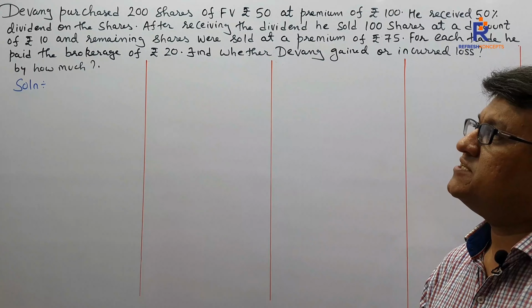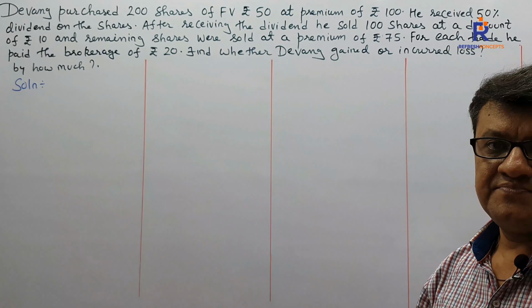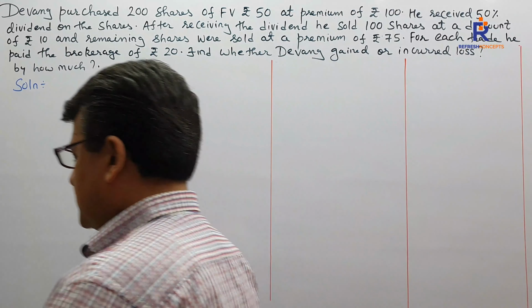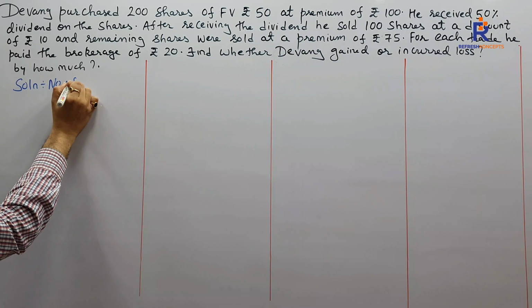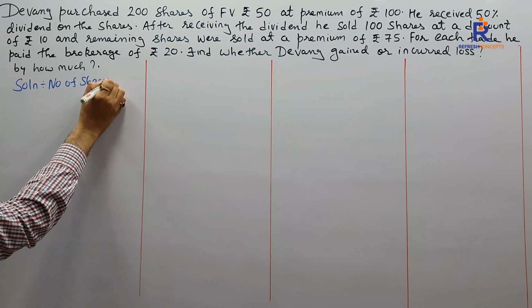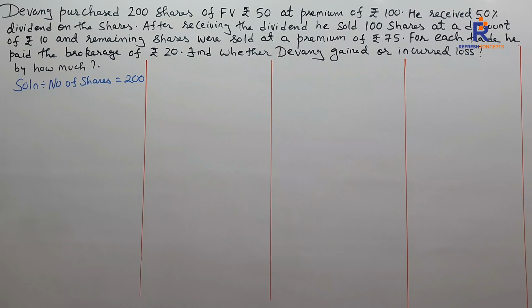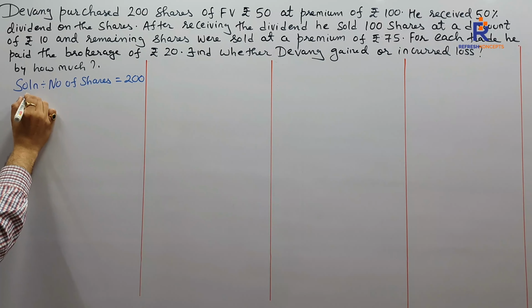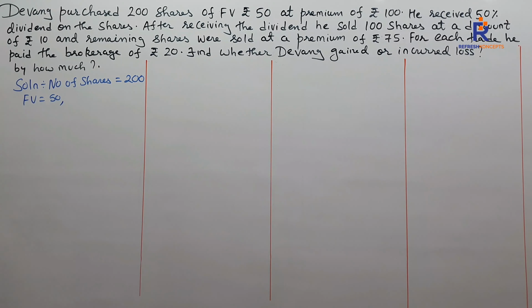Okay, we move on to this question. Devang purchased 200 shares of face value rupees 50. So let's jot down step by step. Number of shares is 200. Face value is 50, at a premium of rupees 100.